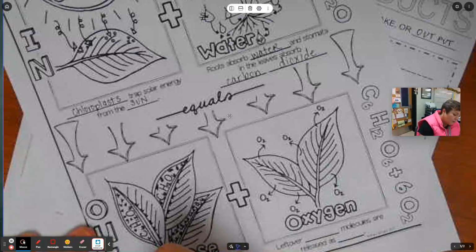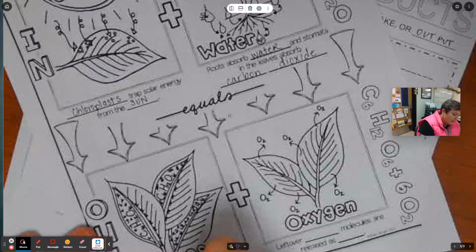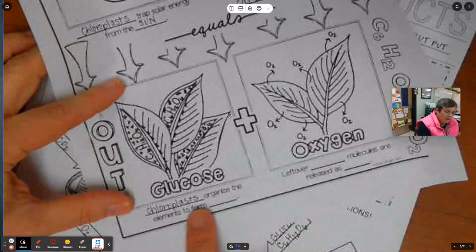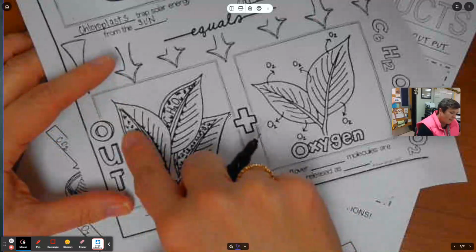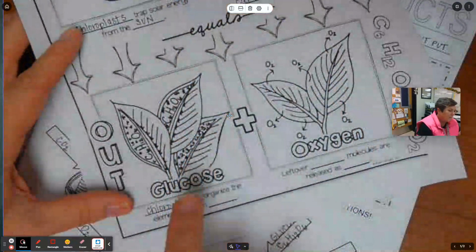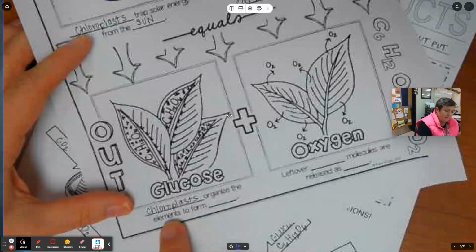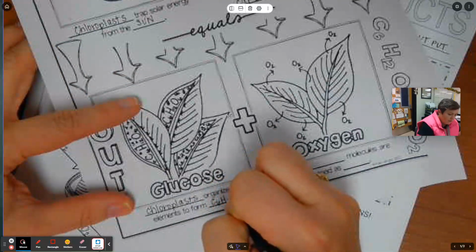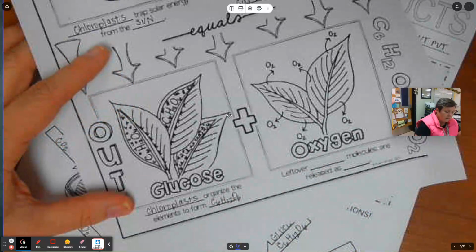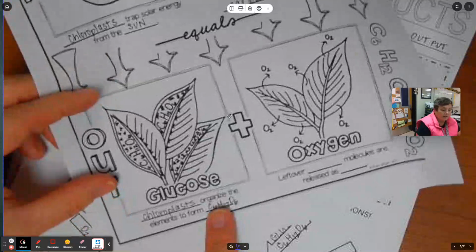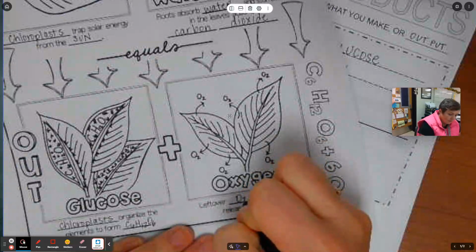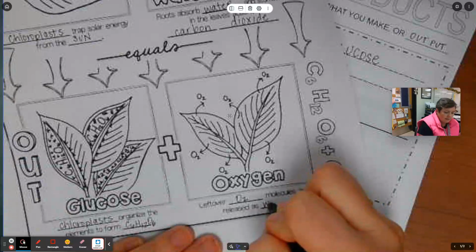So chloroplasts organize the elements, all of these elements that were here, H2O, CO2, it reorganizes them, and then it makes glucose, which is C6H12O6. Okay, that's the whole point of this. And then some waste products, leftover oxygen, is released as waste.